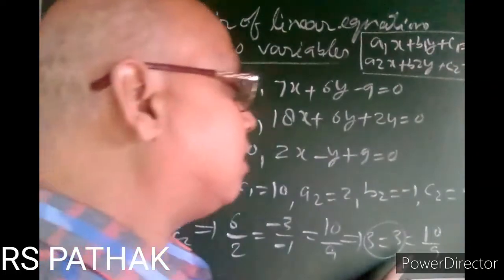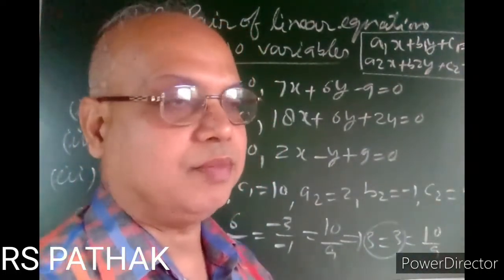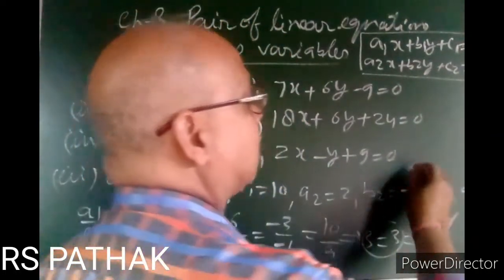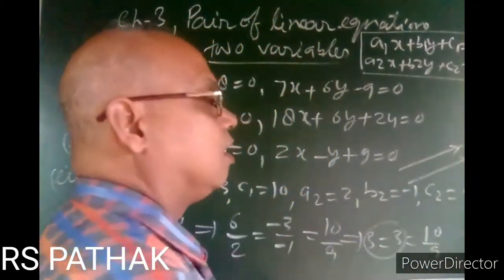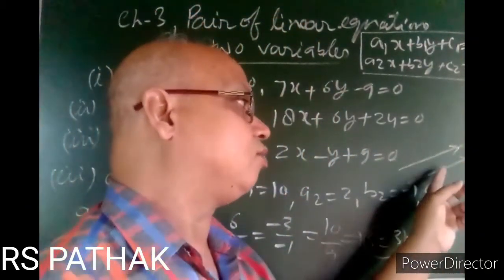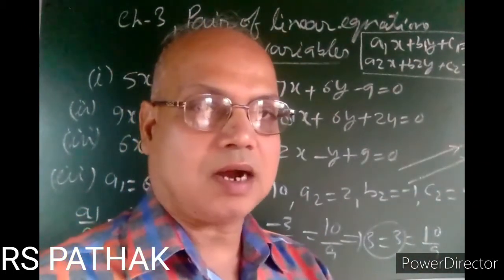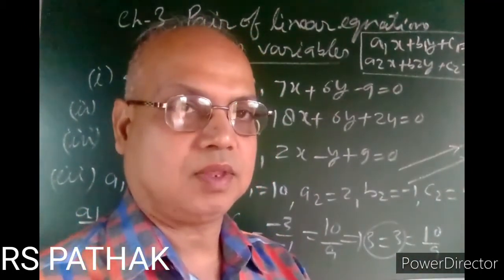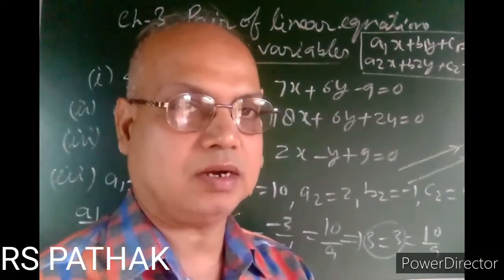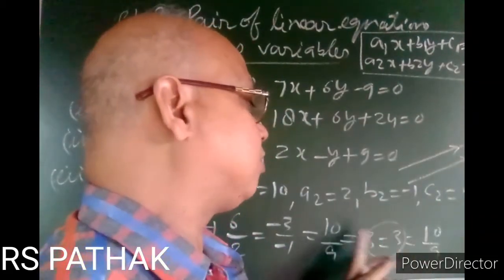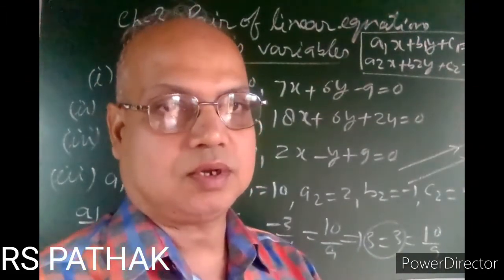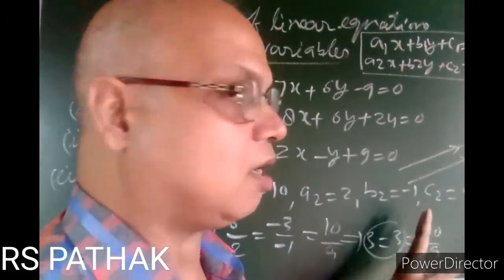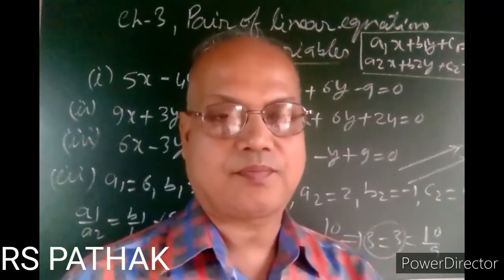This is the condition of parallelism, meaning that these two lines will be parallel to each other and therefore do not intersect each other. They do not meet at any point. Therefore, these two lines do not have a solution. These two equations will have no solution.